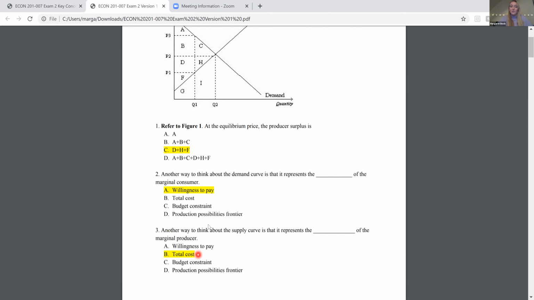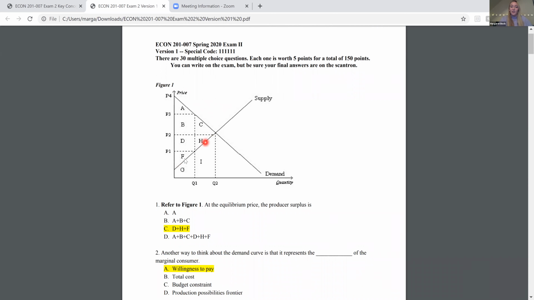So producers on this part of the supply curve have costs that are much lower compared to producers that are on this part of the supply curve that have costs that are much higher. So producers on this part of the supply curve are going to be the ones producing this good because the price that they're able to charge is higher than what it costs them to make the good. So they're going to be making some profit.